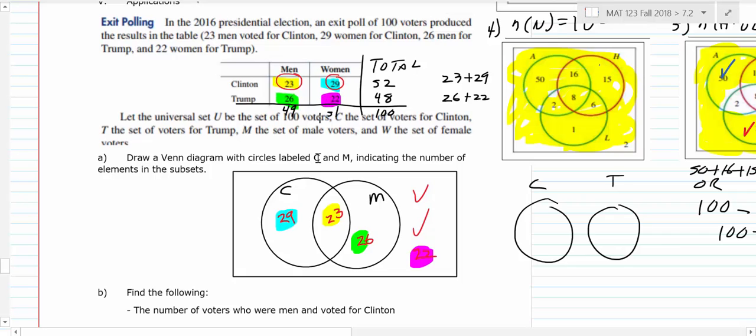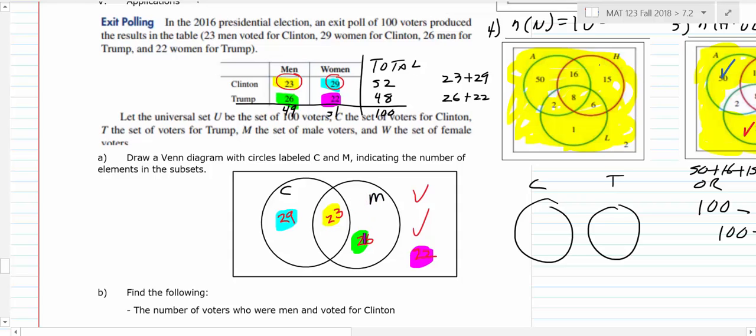What we do is, you want to do things where there's an overlap. You don't want to do Clinton and Trump because there's no overlap for that. Now, when we put that together, we should be able to answer some basic questions. You want to get in your mind what each of these things are. This right here is men in this circle. These men voted for Clinton.